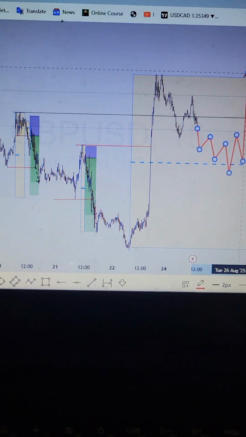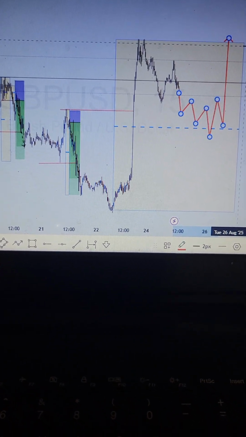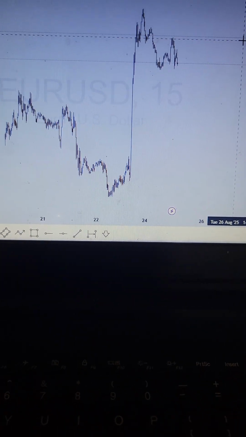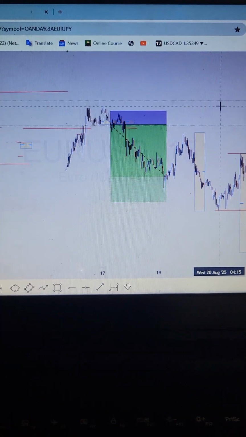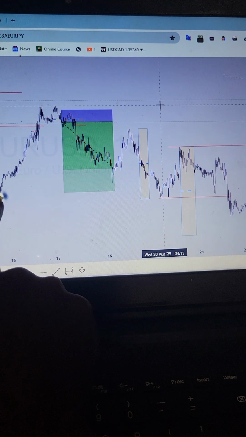So as you can see, I also have EURUSD on my chart. Last week as well, I used the same strategy to catch EURUSD. As I plotted my Fibonacci from here to this region, I was able to capitalize on the same trade, and I rode at least to 1:2. I took my profit around this region.